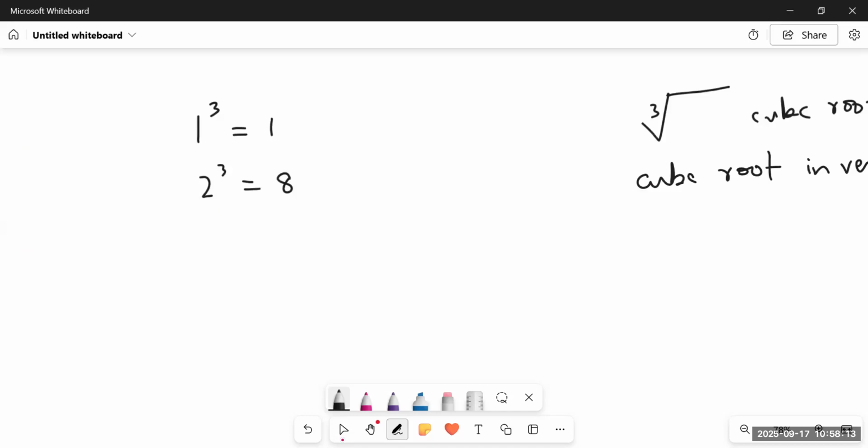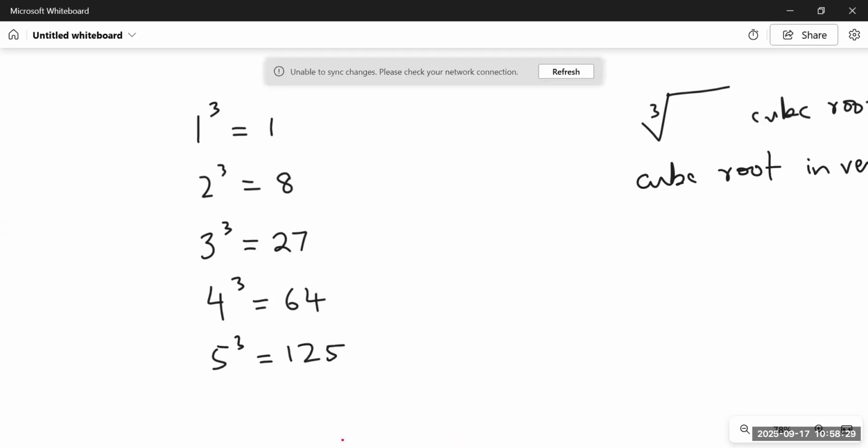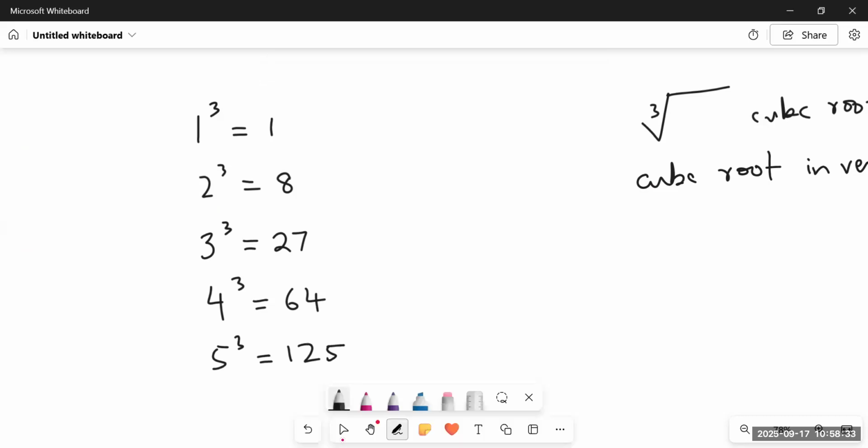The cube of 3 is 27. The cube of 4 is 64: 4 fours are 16, 16 fours are 64. The cube of 5 is 125: 5 fives are 25, 25 fives are 125. So these are the numbers that are perfect cubes.